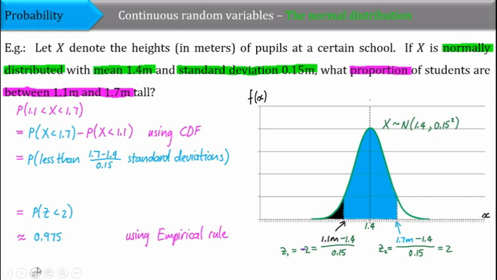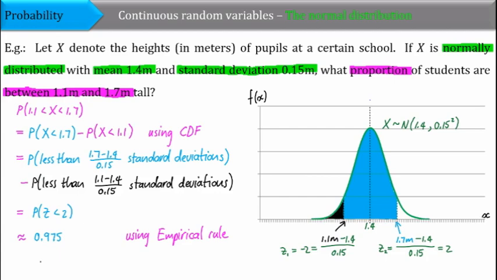So that means negative 2. And I'm interested in the probability of being less than 2 standard deviations below the mean. So again, by symmetry, I know using the empirical rule that this is probability 0.025 or 2.5%. Subtracting the black one from the blue one, I get 0.95, which is the area that I wanted.